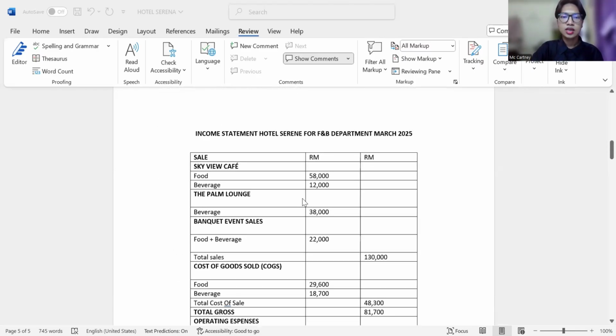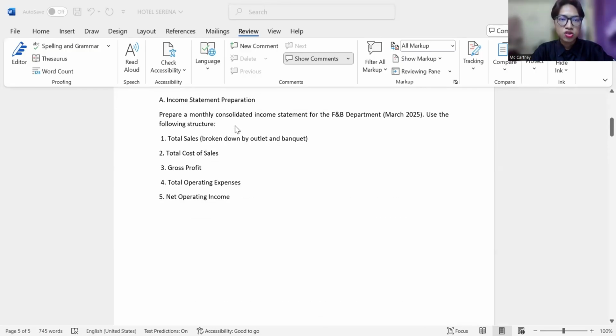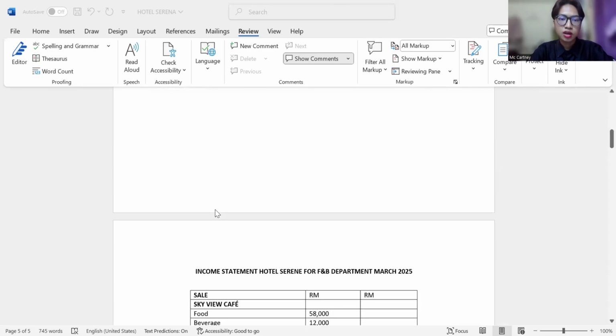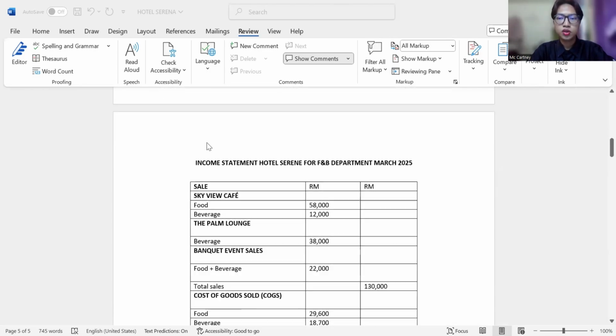This is the income statement that I already did and calculated, for the F&B department, March 2025. As I mentioned, we need to use all the following structure, and the first is total sales.